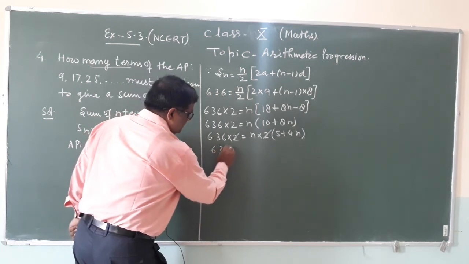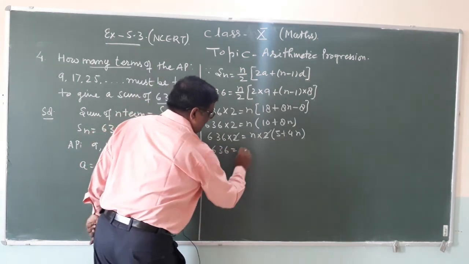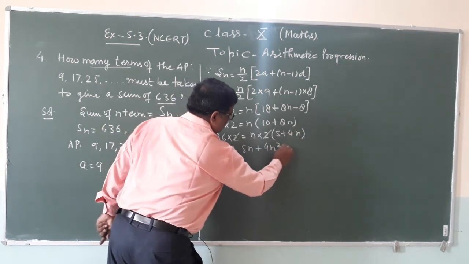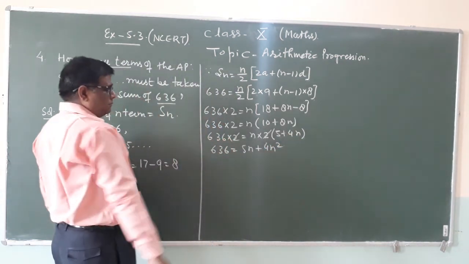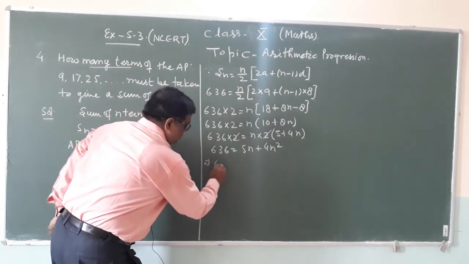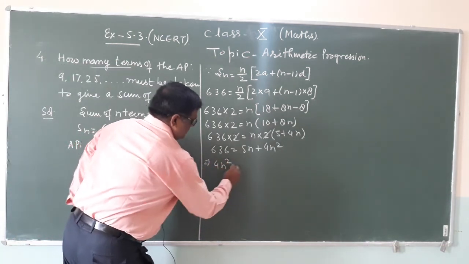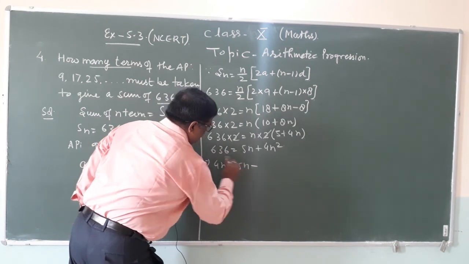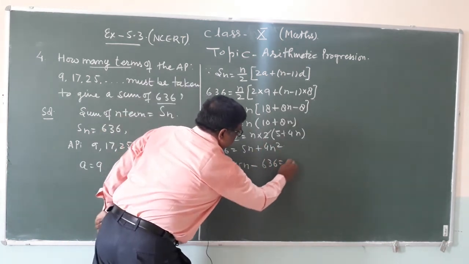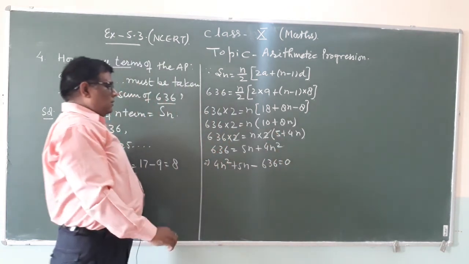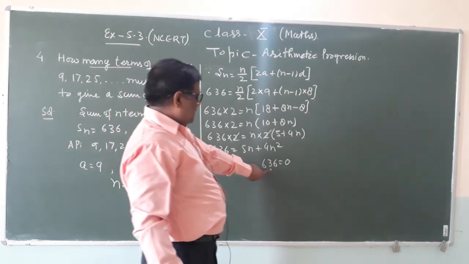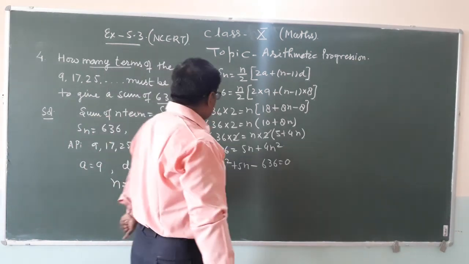Now 636 is equal to n into (5 plus 4n), that is 5n plus 4n square. Bringing this side, it can be written as 4n square plus 5n minus 636 is equal to 0. So we have to factorize 4n square plus 5n minus 636 equal to 0.